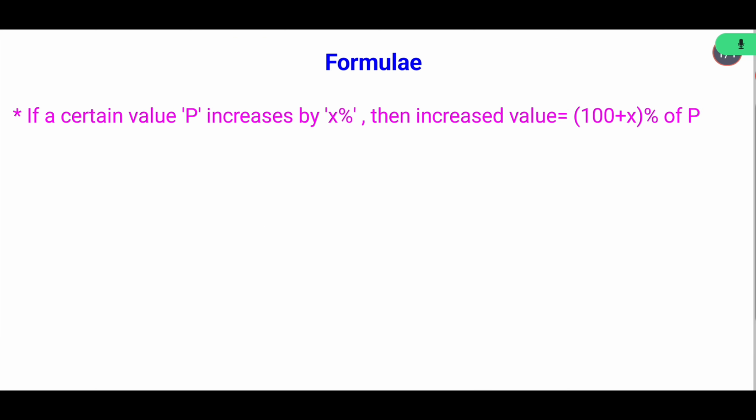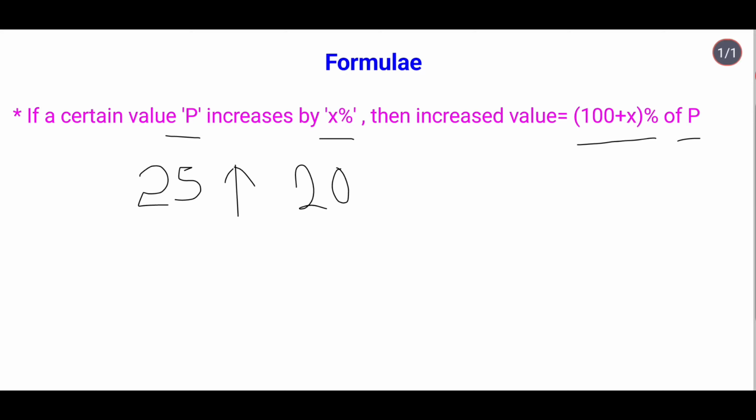Guys, before solving the problems, I will give some important formulas that you need to know to solve percentage-based questions easily. First formula: if a certain value p increases by x percent, then the increased value will be 100 plus x percent of p. For example, suppose the value 25 increased by 20%.